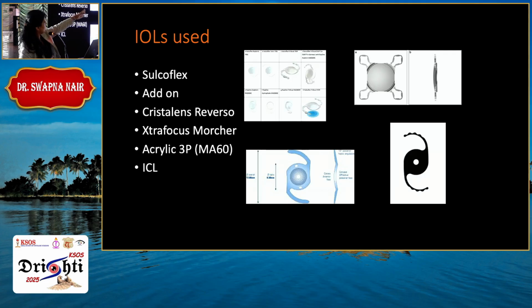That is the add-on lens on the other side with the 4 haptics. Then you have the Crystal lens Reverso, which is again a multifocal lens. And then you have the Xtra Focus from Morcher. It's basically one with an iris diaphragm, and it works by the effect of pinhole. That does reduce irregular astigmatism along with correction of the ametropia.